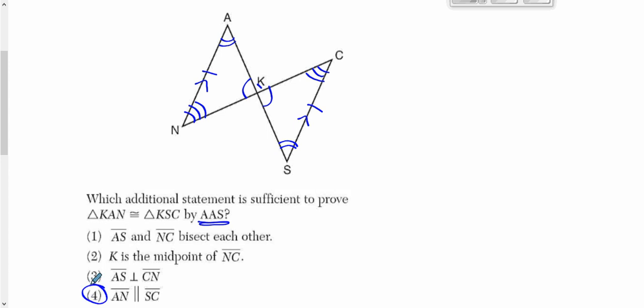Let's get rid of this stuff. Let's check 1. AS and NC bisect each other. Not just one bisects the other, they bisect each other. So what does that tell us?